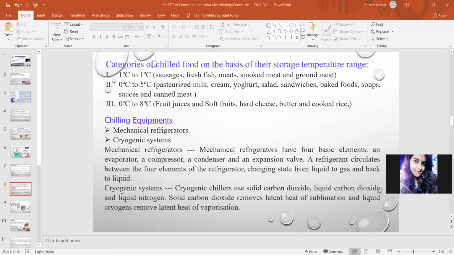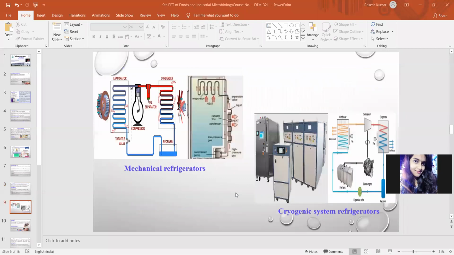And in the cryogenic system, you have to use solid carbon dioxide or liquid carbon dioxide. Here in these photographs, I have tried to give you some idea about the mechanical refrigerator as well as the cryogenic system. The system is the same. On one side it is the high pressure side, and this one is the lower pressure side.